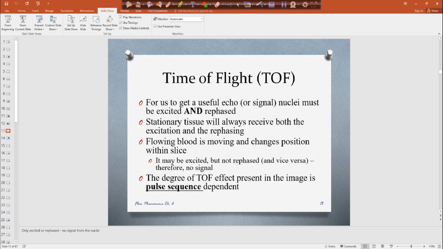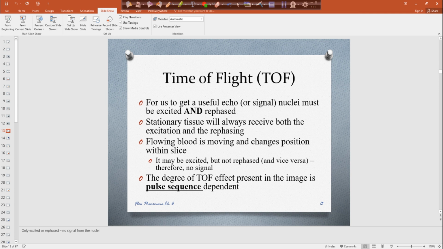All right. So when we talk about time of flight, we usually want to refer to both spin echo and gradient echo. That's why the degree of time of flight effect present in the image is pulse sequence dependent. For us to get a useful echo or signal from that tissue, the nuclei must be excited, our excitation pulse, and rephased.